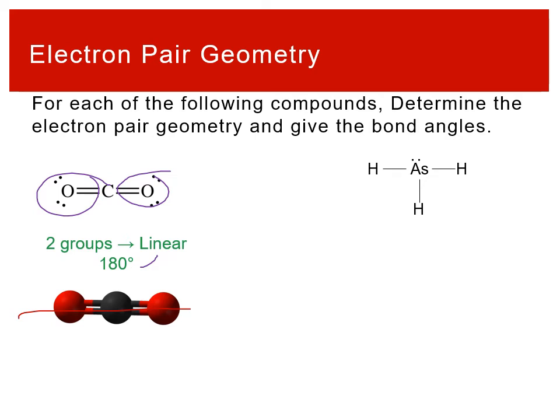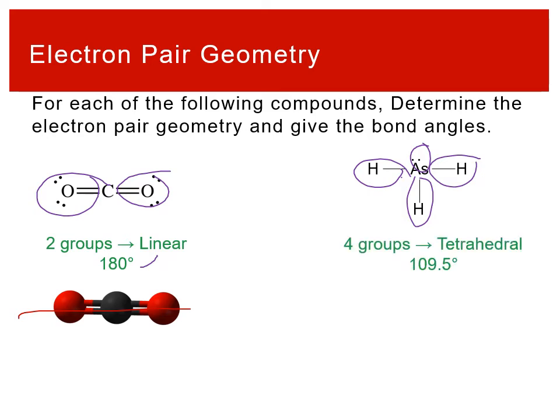So then AsH3 on the right, if we want to count groups on that, I've got the outer atoms, I'm going to count those, 1, 2, 3, and then I count that lone pair. There are 4 groups. That means this has a tetrahedral electron pair geometry around that central atom, and the bond angles are necessarily 109.5. So tetrahedral always means 109.5 degree bond angles.